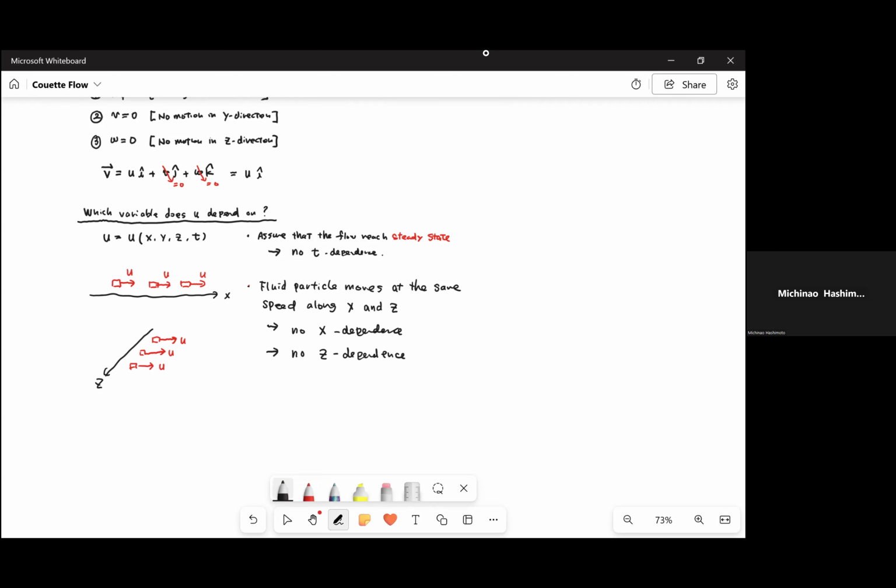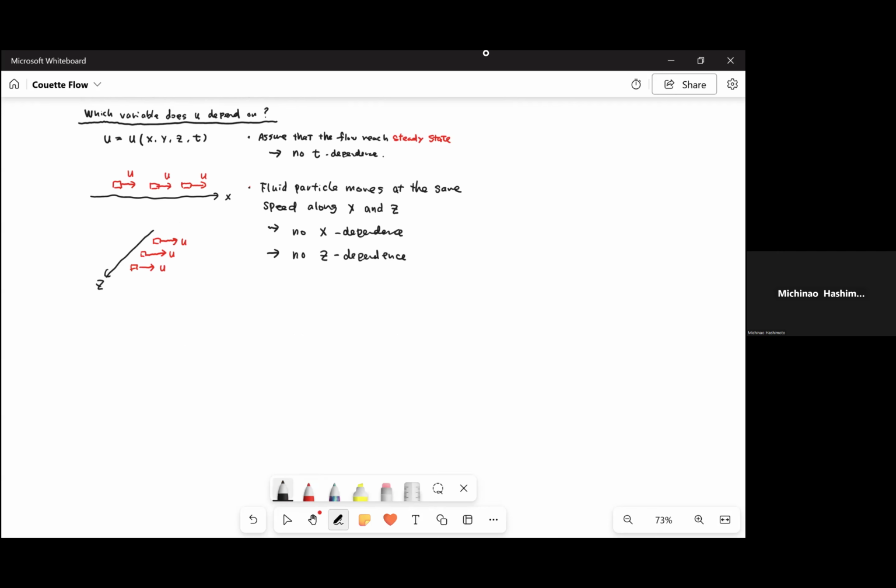However, what about y? In this case, the y direction is the distance between these two walls. If you take a look at different fluid particles, we can anticipate that if you are closer to the bottom wall, which is stationary, they don't move a lot.